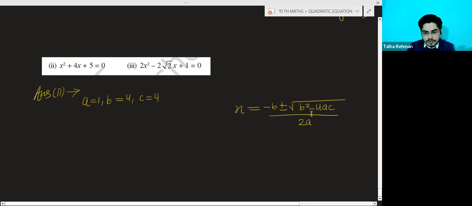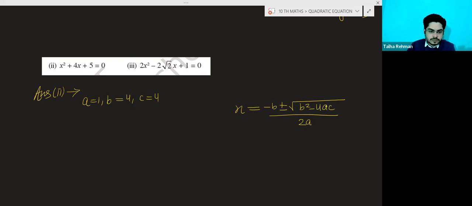So now I am just finding B square minus 4AC first. B square is 4 square minus 4 into 1 into 4.